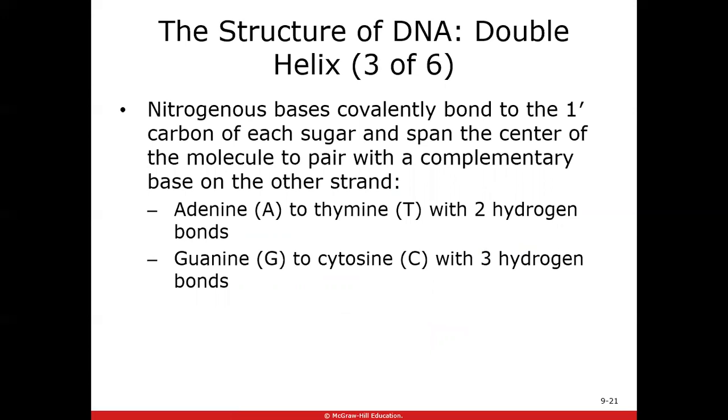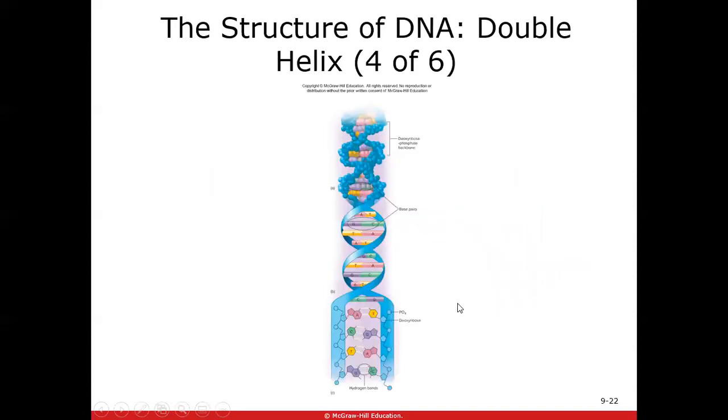So nitrogenous bases covalently bond from the 1' carbon of each molecule and span the center of the molecule to pair with a complementary base on the other strand. Adenine pairs with thymine, with 2 hydrogen bonds, and guanine pairs with cytosine, with 3 hydrogen bonds. This just shows the double helix.